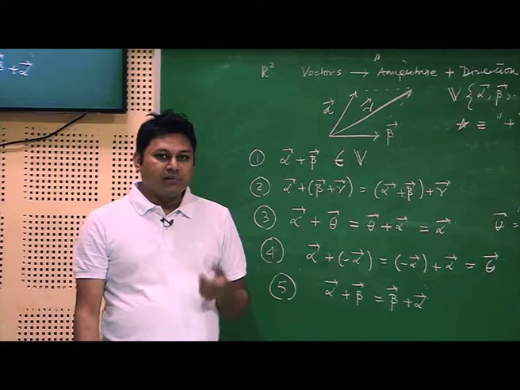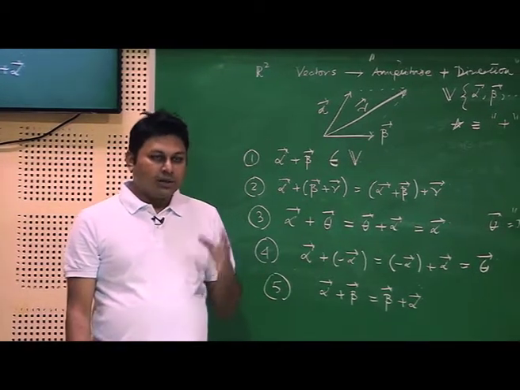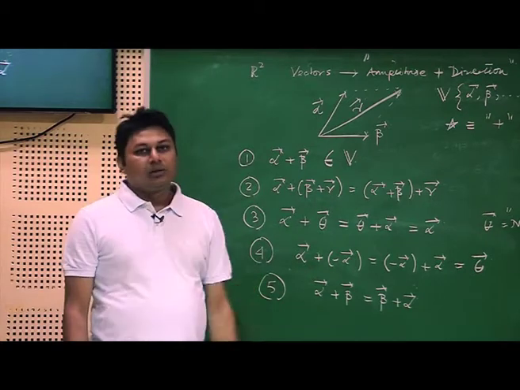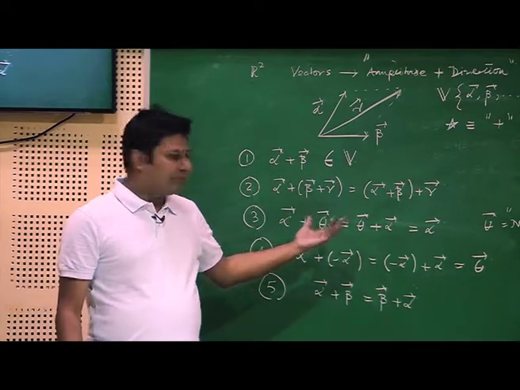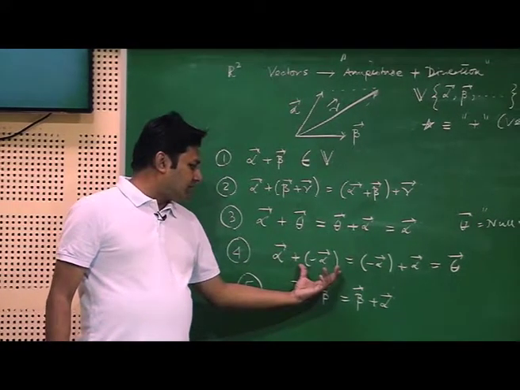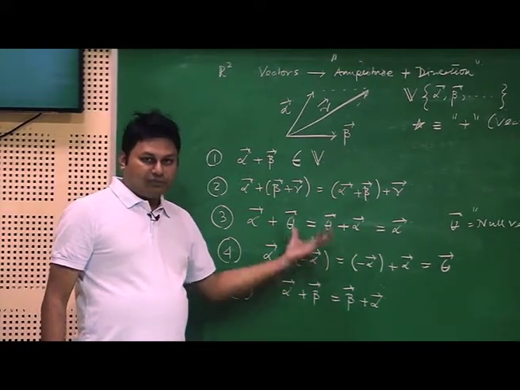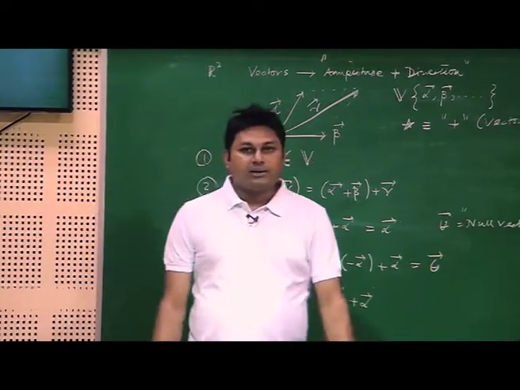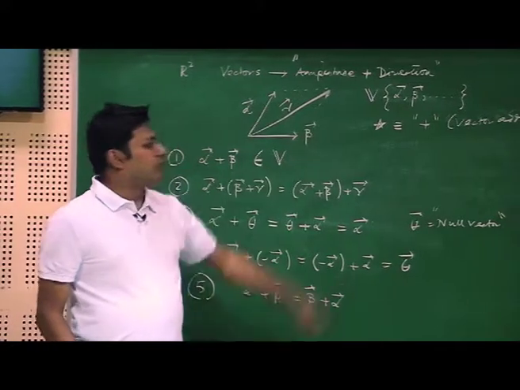A set can form a group when it follows a few properties, which are closure, associativity, existence of identity, existence of inverse and so on. If they follow these rules, then I will say that this particular set can form a group.